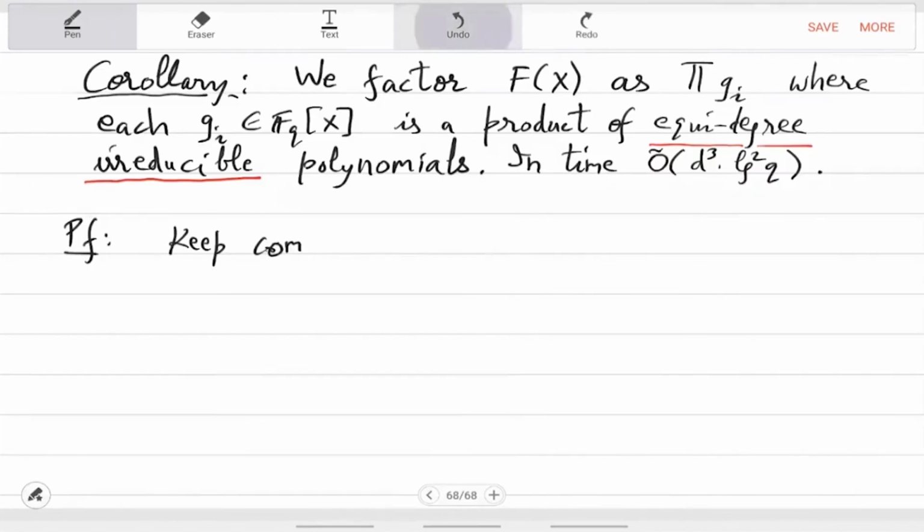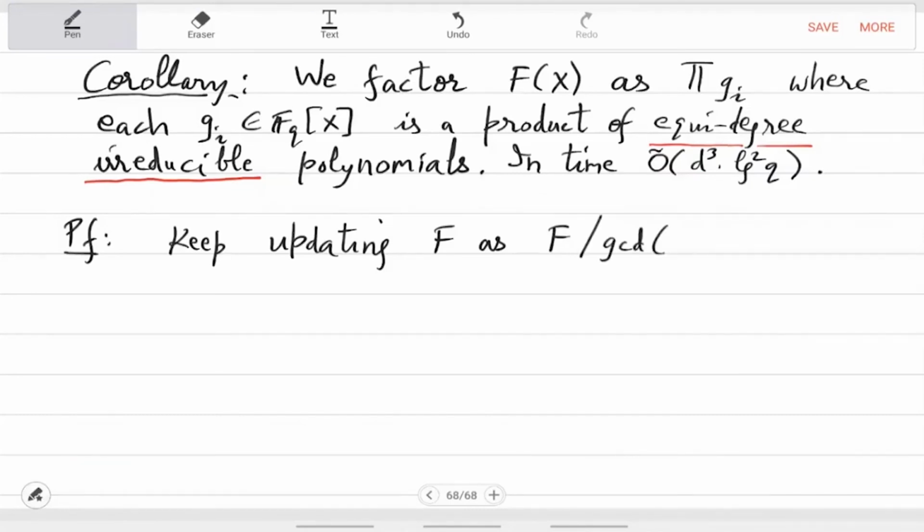If the multiplicity of one factor is more than one, maybe we need to repeat. Keep updating big F as big F divided by the GCD that you have computed.